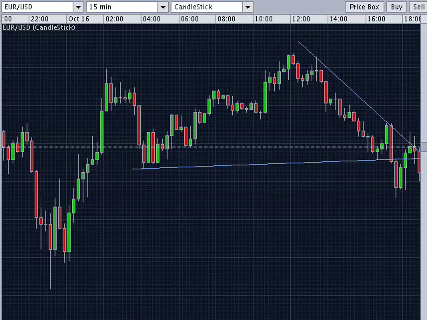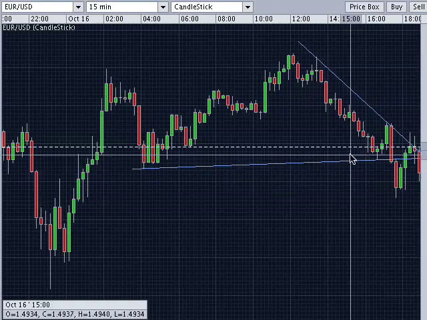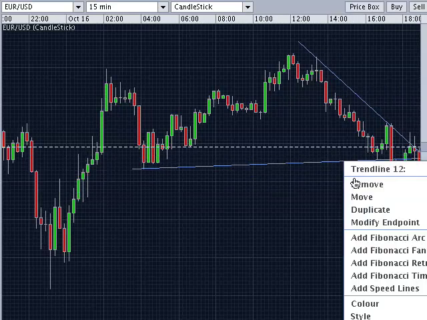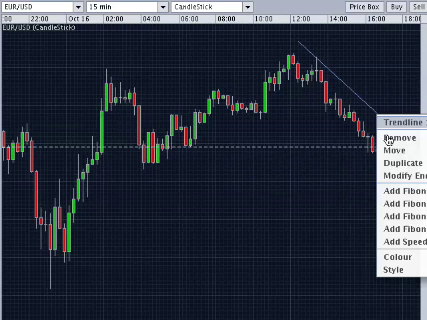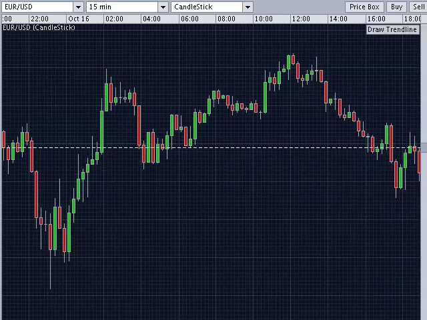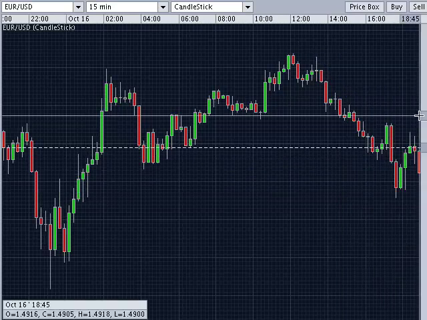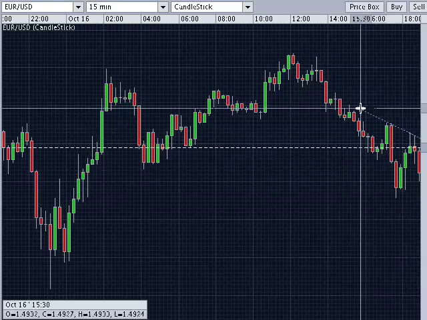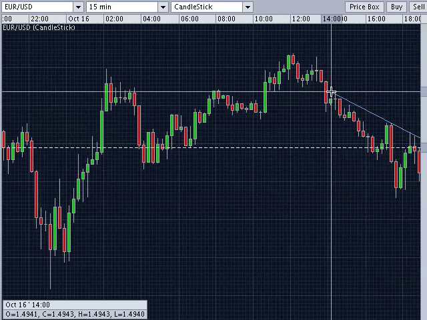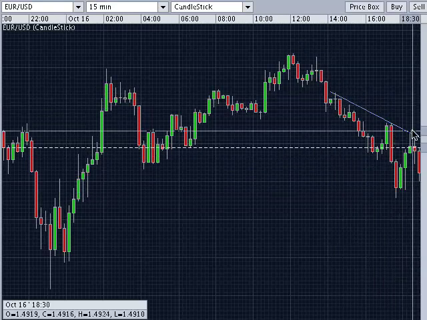We'll keep moving on here. We've got a couple of new fractal points. Remove that. Remove that one. So this one is slightly different. It hasn't moved too much, but it's enough to redraw it.